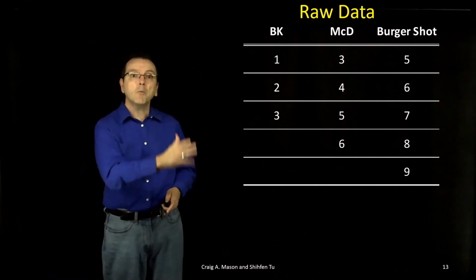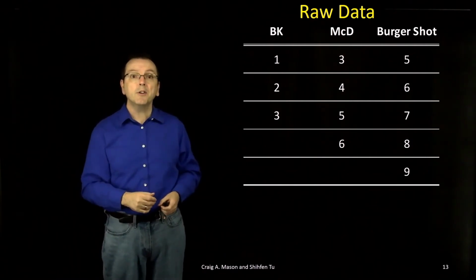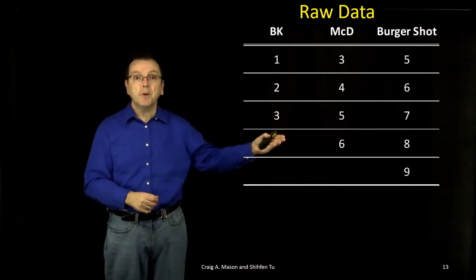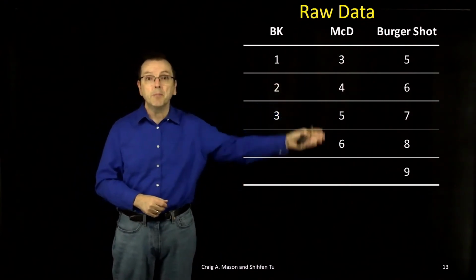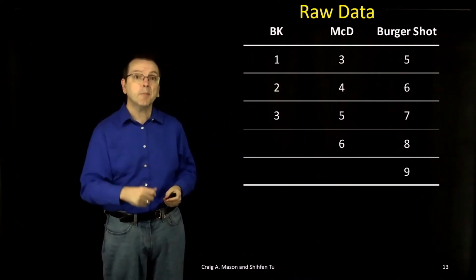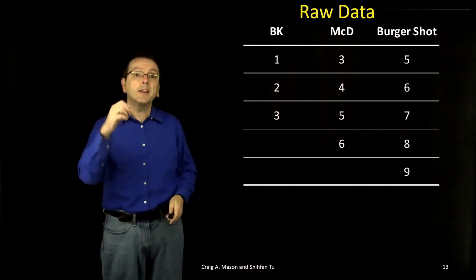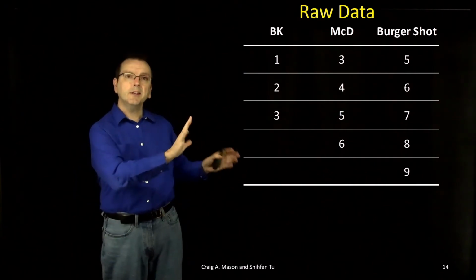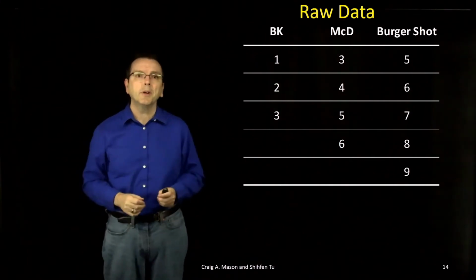So here's our raw data organized into 3 columns that correspond to our 3 groups. We ended up with 3 people in the first group rating Burger King hamburgers, and 4 people in the second group rating McDonald's hamburgers, and ultimately 5 people in the third group who rated the Burger Shot hamburgers. Now, notice the scores do seem a little different from group to group.